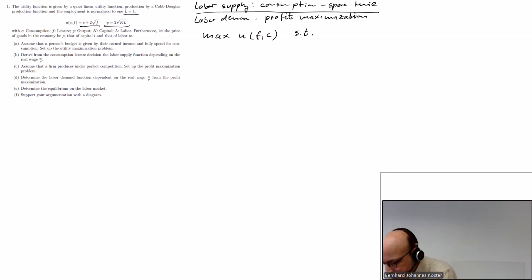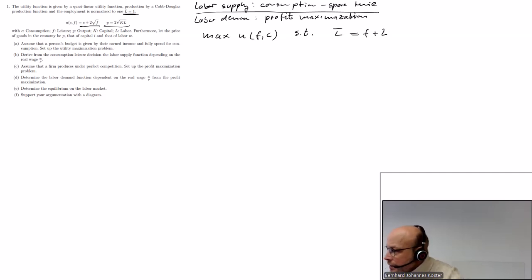Our budget restriction means we have a budget of time which is set to 1 in general, so L bar equals our spare time F plus our labor time L.